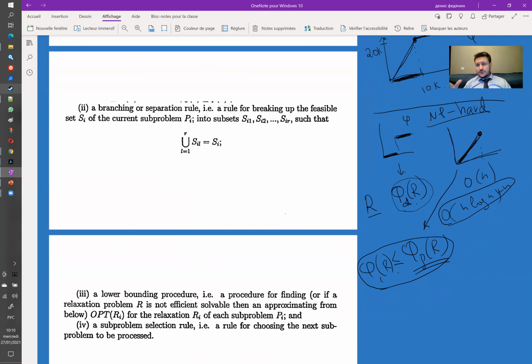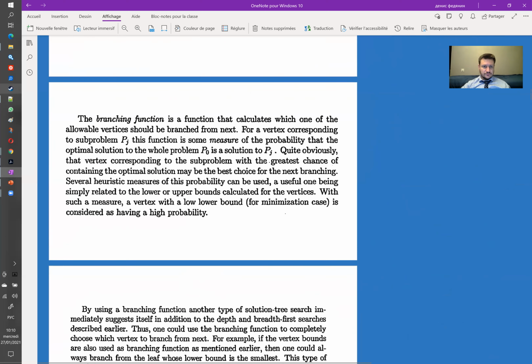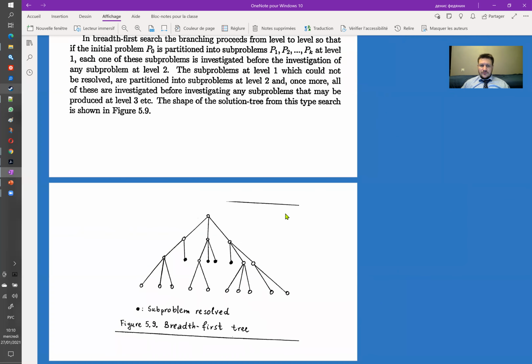So when we are trying to use branching and bounds, if we have no such approximation or bounds, we have to solve an NP-hard problem here, and we have to do something more. So it's very difficult. But when we have polynomial or linear time, we can do it much better, much faster.